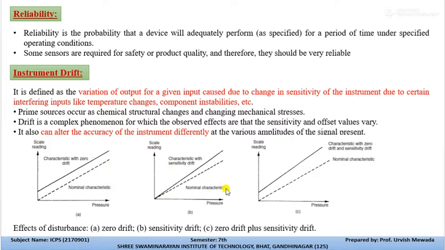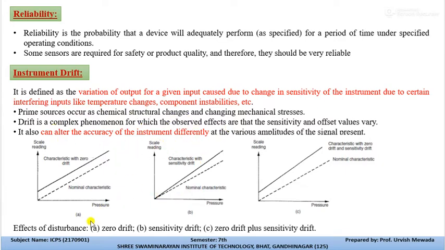Drift is a complex phenomenon in which the sensitivity and the offset value vary, and it can also alter the accuracy of the instrument differently.